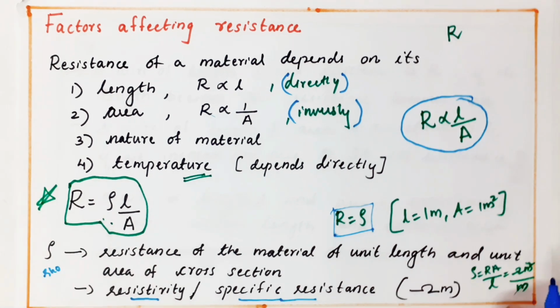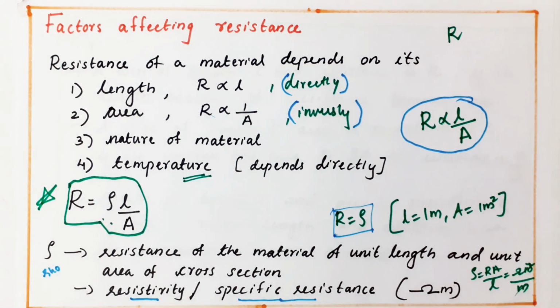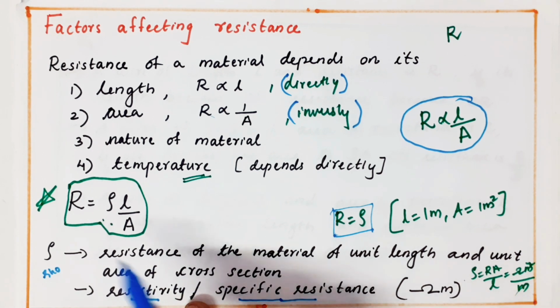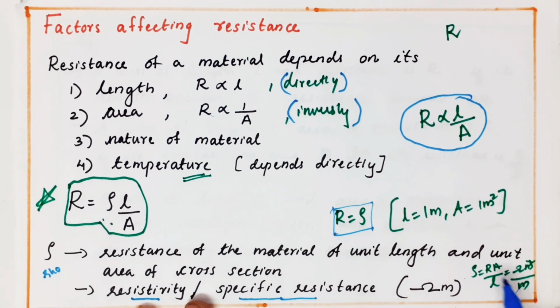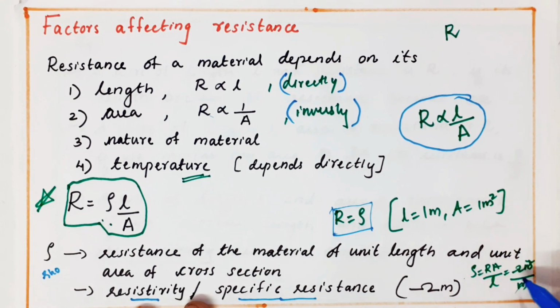So I told you a new term called resistivity or specific resistance. Specific resistance is nothing but the resistance of a material of unit length and unit area of cross section. It has two names, resistivity or specific resistance. And see the unit. If you want rho, cross multiply: rho equals R A by L. The unit of R is ohm, so ohm meter square by meter.